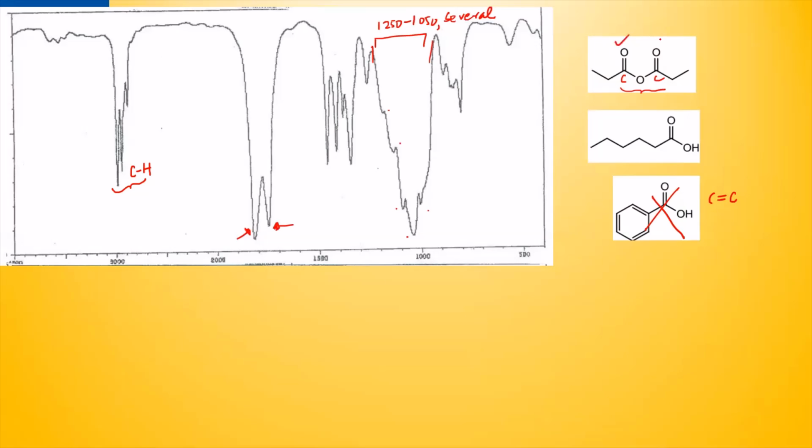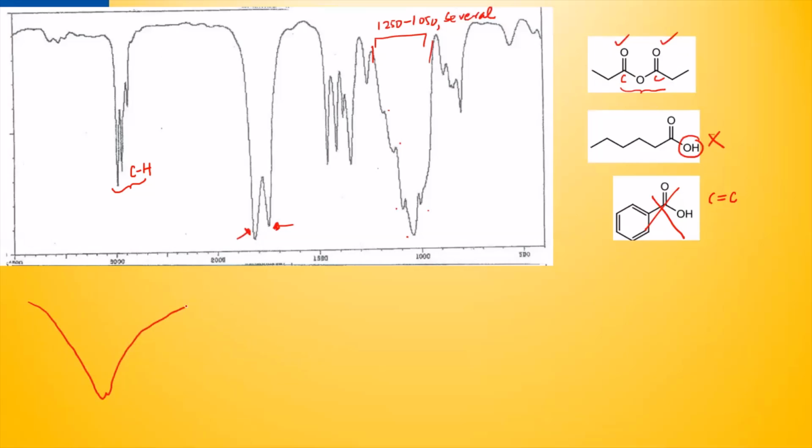Because we have 2 C double bond O's, we should technically expect 2, but because it's asymmetric stretching, you expect one to be on one side and the other to be on the other side, which is why it's showing up. So right away we know this is not it, because remember, this is part of the acid, so we would have had this giant peak here, right? Remember that giant peak we saw like this?